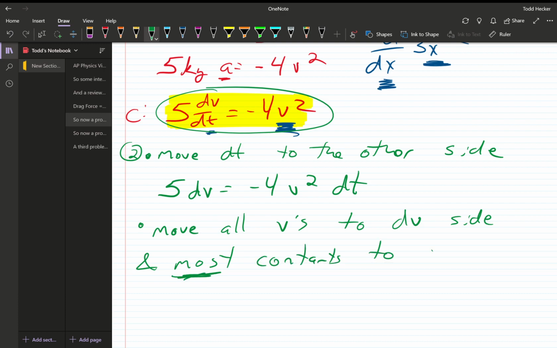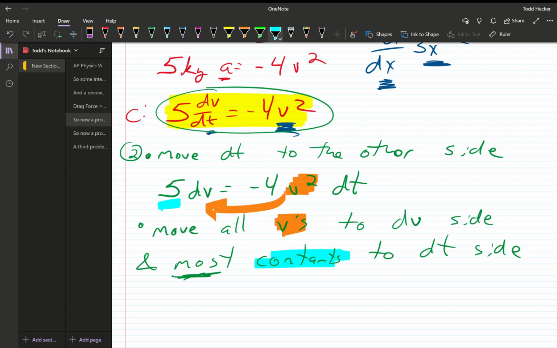Okay, so for us, I'm going to move my v's to the dv side. So I'm going to move this over here by dividing. Okay, and then this 5 is a constant. So I'm going to move the 5 over to the other side by dividing. Okay, so I'm going to divide everything by 5, and I'm going to divide everything by v squared.